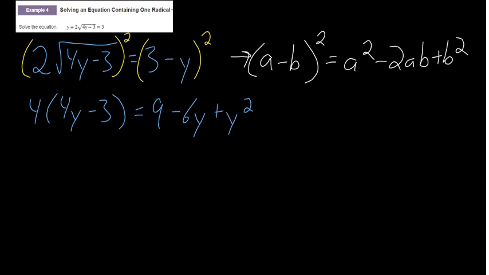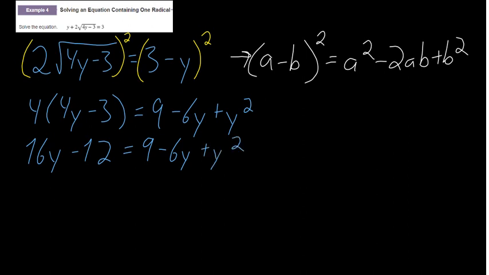All right, well, I need to isolate the y, and so I'm going to go ahead and distribute here on the left. So I'm going to have 16y minus 12 is equal to 9 minus 6y plus y squared.